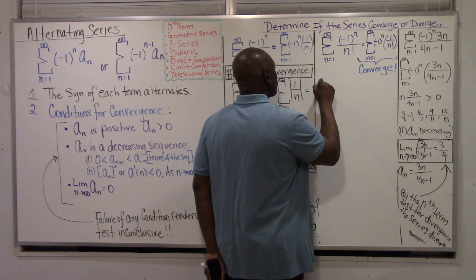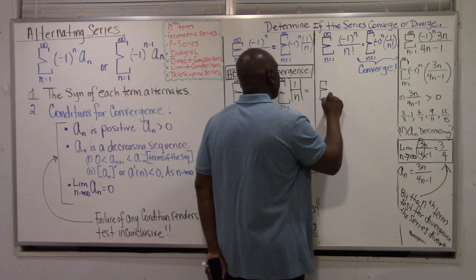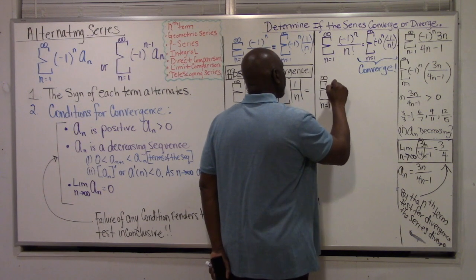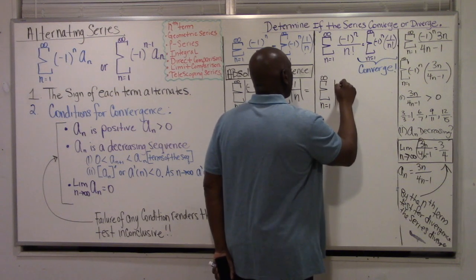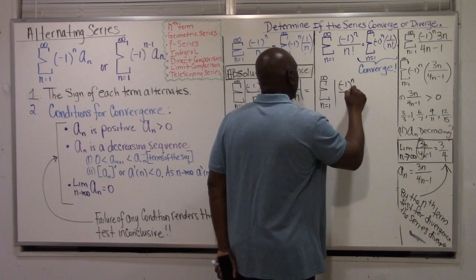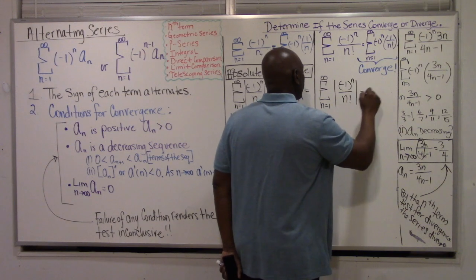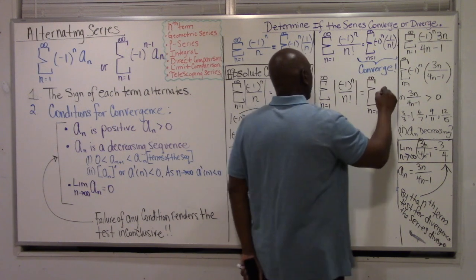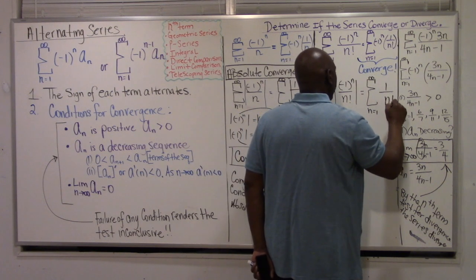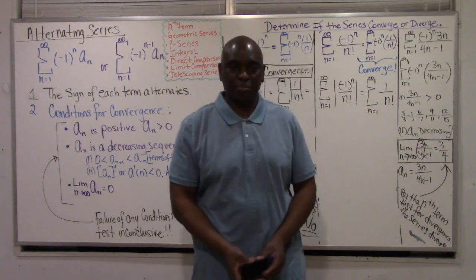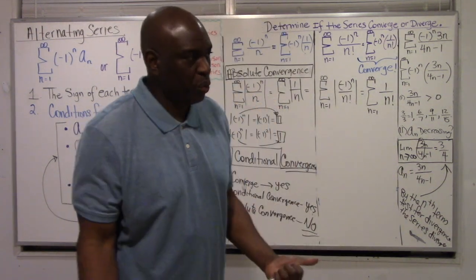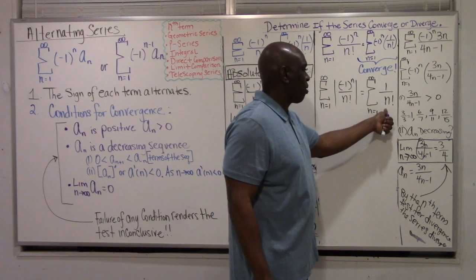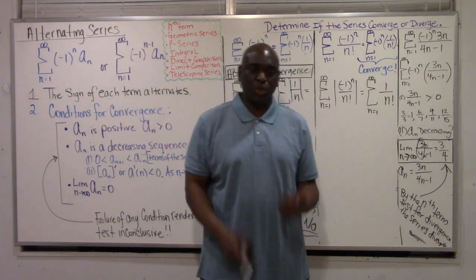So we're going to have the series from n equals 1 to infinity of the absolute value of negative 1 to the power of n over n factorial, which is going to give me the series of 1 over n factorial. Okay, what's going on with this thing? Does this converge or does it diverge?